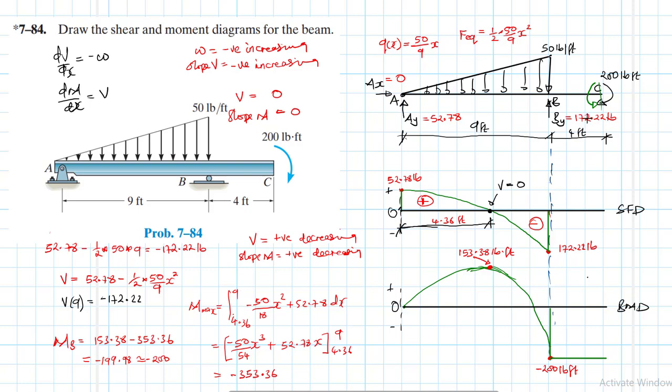So that is the one that is doing the equilibrating. It's the one that is going to close up this part of the structure. So there we are saying minus 200 plus 200 equals 0. So that is how it got closed up.